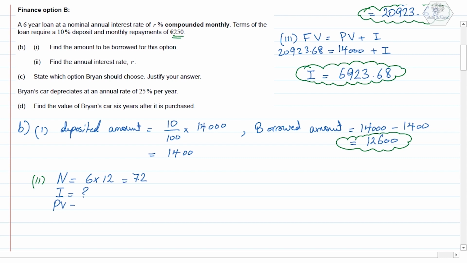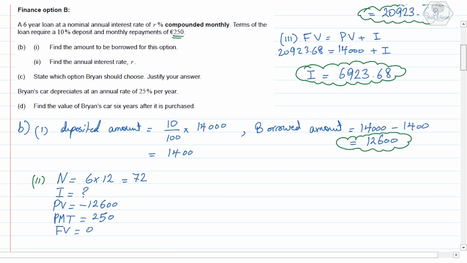The present value is simply equal to negative 12,600, because it's a loan, he'll be taking the 12,600 euros. The payment amount we know is 250. The future value must be equal to 0.